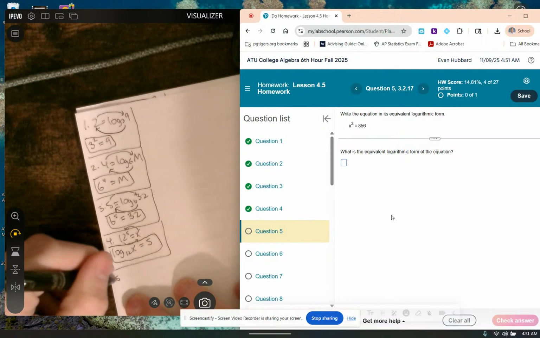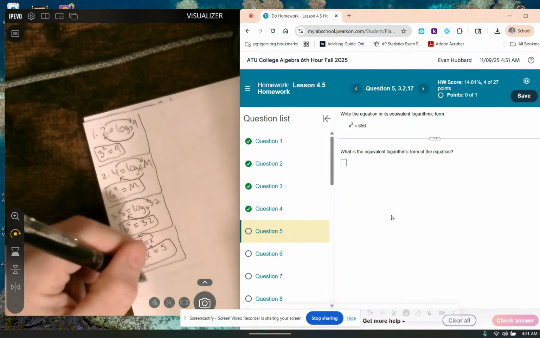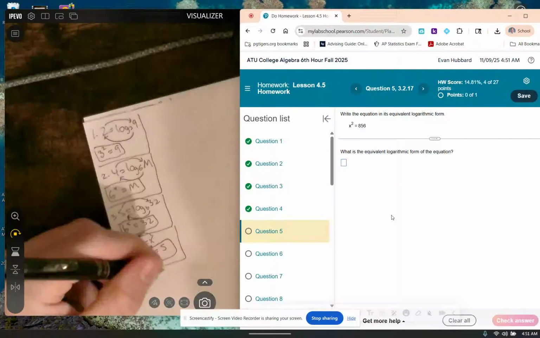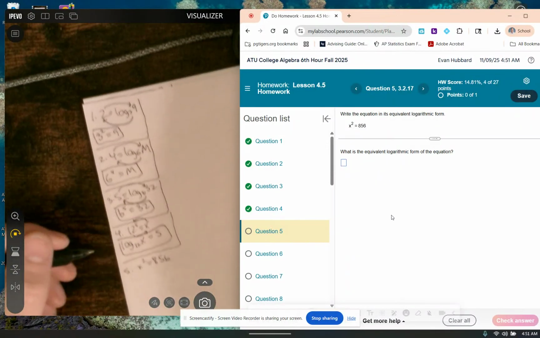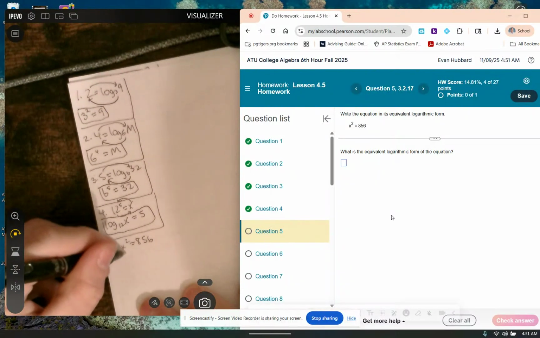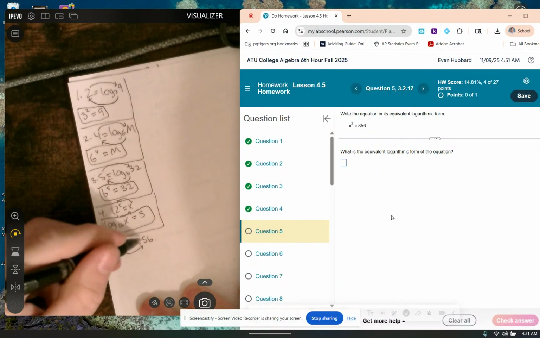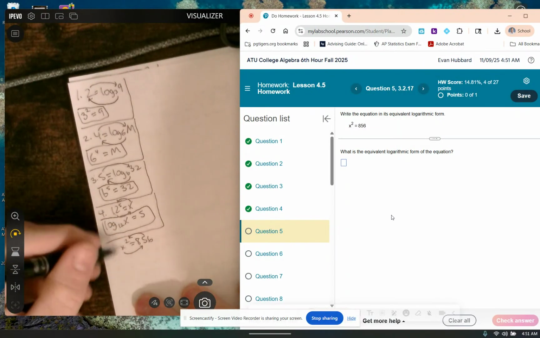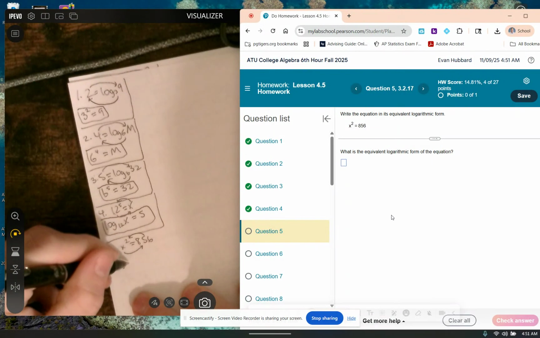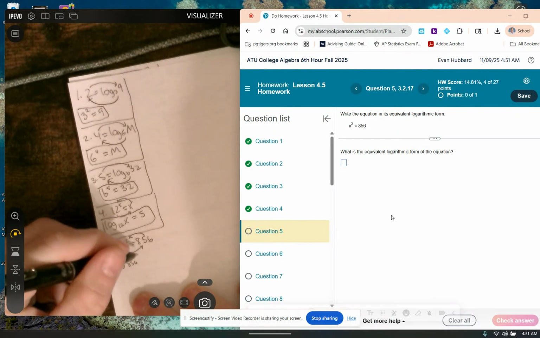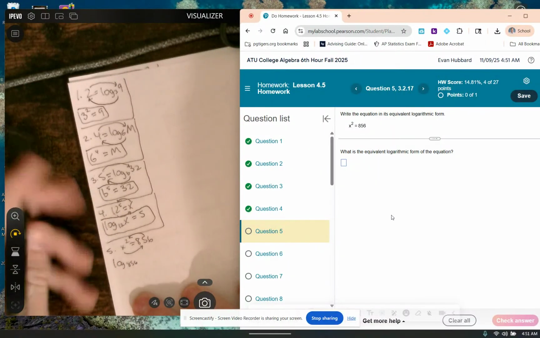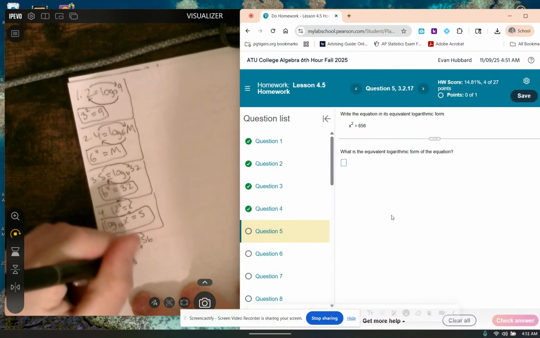Okay, number 5, x squared equals 856. So on this one, the base is x. Then you have 856 equals 2. So log base 856. Oh, I'm sorry, log base x of 856.